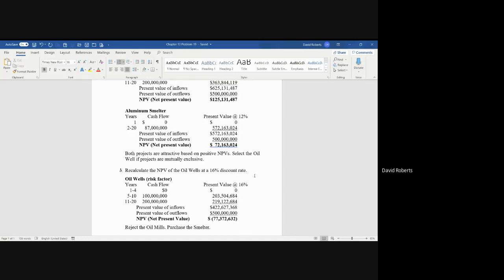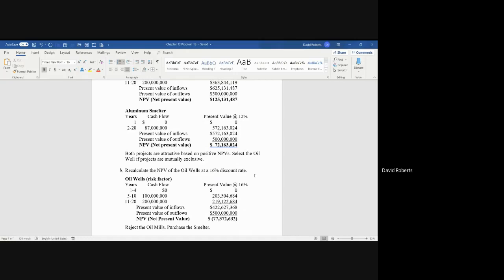So PMT is 87 million, and the N would be 19. So you bring that back and calculate that number, and then once again, you bring it back 1 more year from year 1 to year 0. You wind up with 572 million. You subtract the 500 million initial amount, and you wind up with a net present value of 72 million.